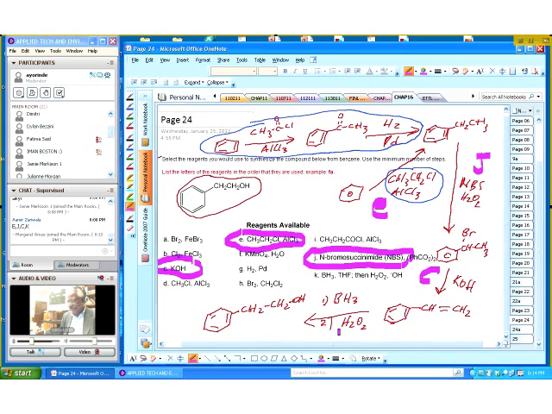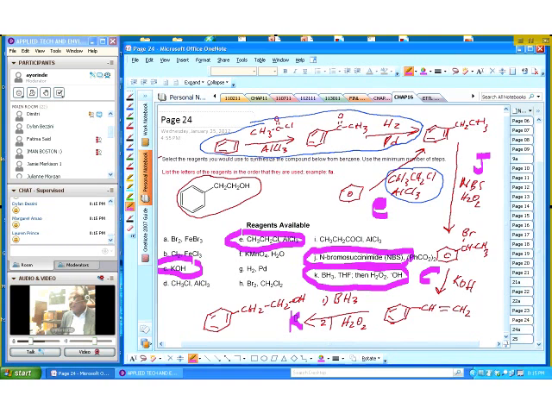Then finally, yes, we have K right here. The borane, followed by hydrogen peroxide, and that is this here. That is K. If you follow that, give me a happy face.